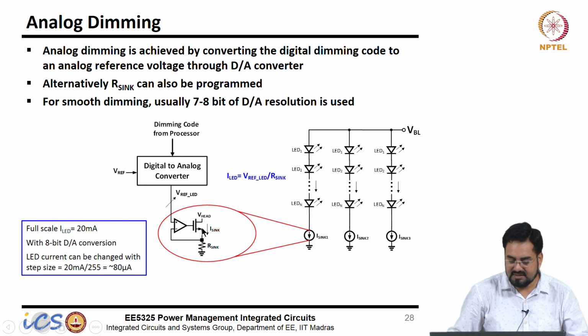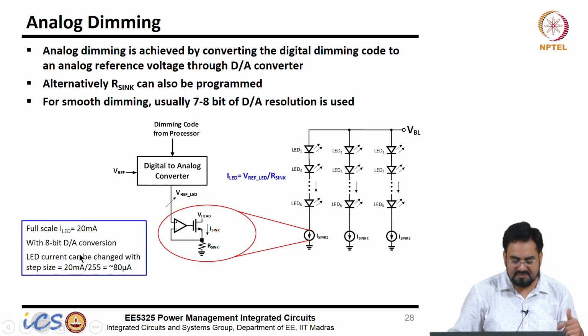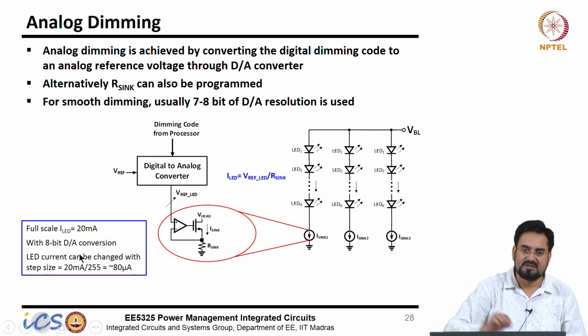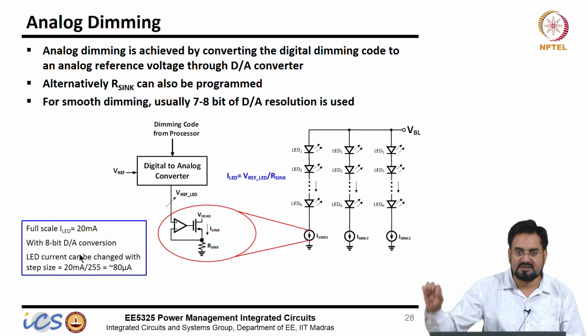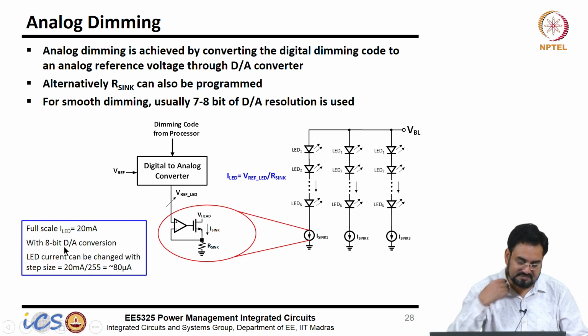Each LSB will change this, so that is the resolution you can achieve in your brightness control. It will look pretty smooth. With 8 bit you will get an almost continuous change in the brightness or intensity. Most of the time 7 to 8 bit is good enough.